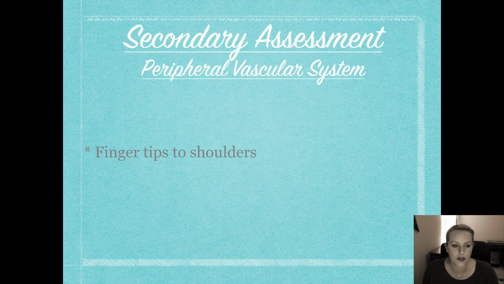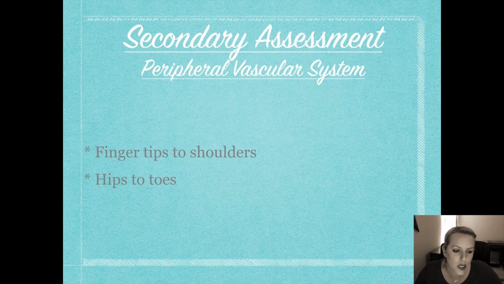For the peripheral vascular system, when we're checking this, we want to start on the upper extremities, from the fingertips going up to the shoulder. We want to look for any signs of poor peripheral circulation: bluing, very cold, pale, and then does it just stop and go to a normal color, or how far up does that go?